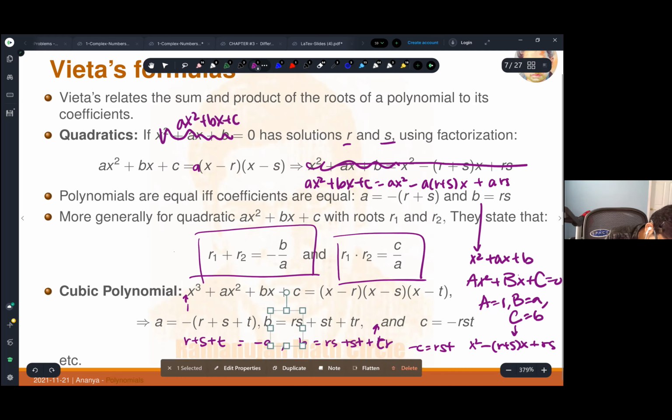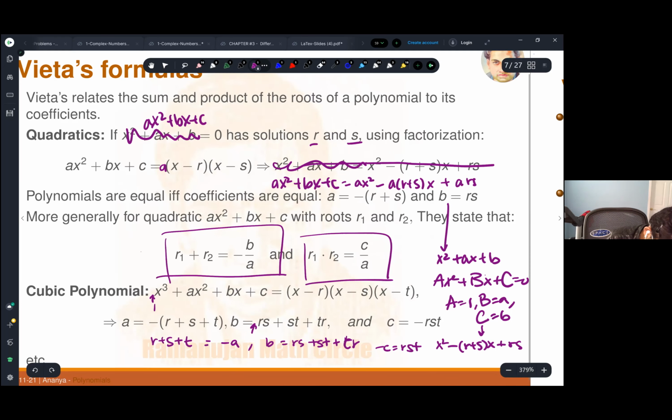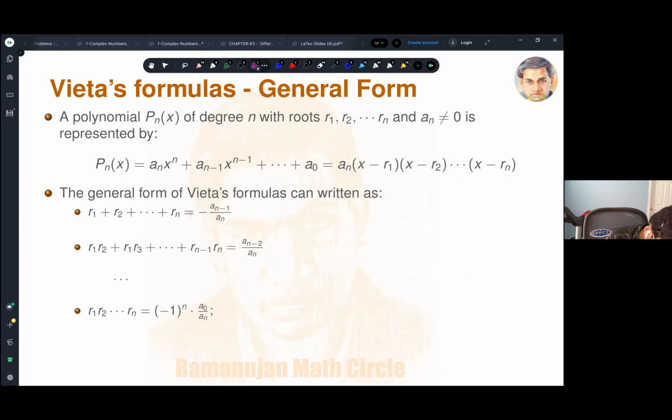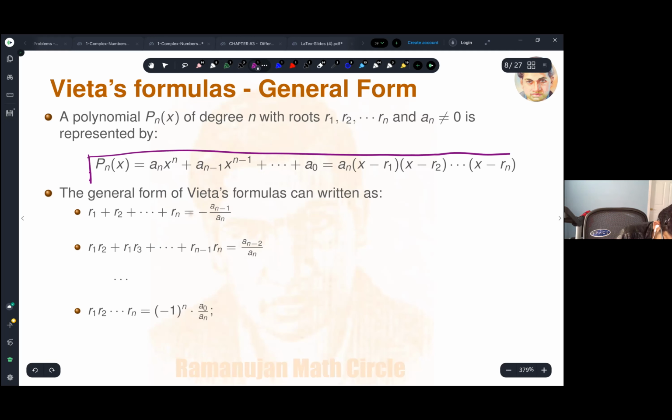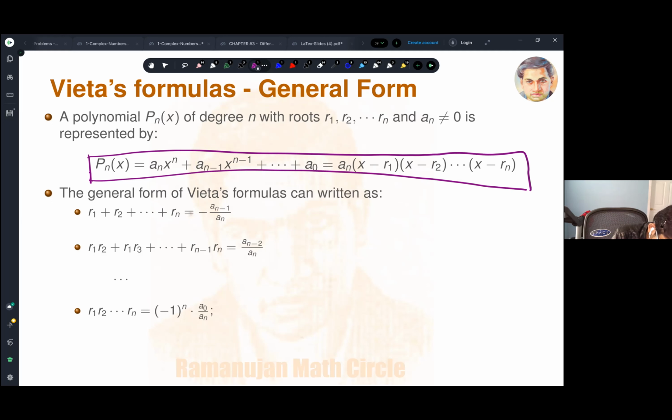So in the general case for Vieta's, we have a polynomial of this form, and you can write it as a sub n times (x minus r1) times (x minus r2) and so on and so forth times (x minus rn).